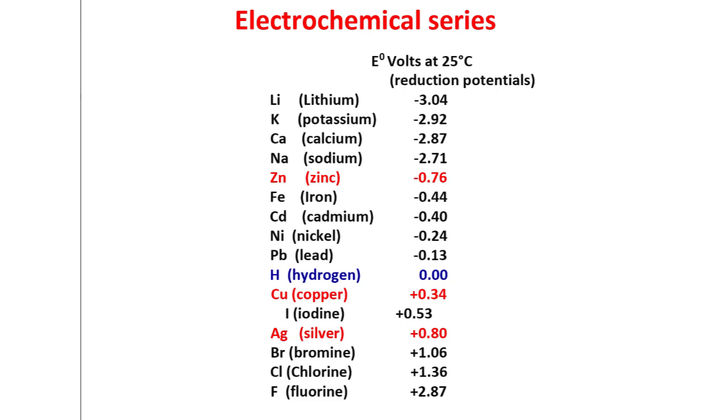Whereas if you consider silver, the reaction between silver and sulfuric acid, silver is placed below hydrogen in the electrochemical series. So silver cannot liberate hydrogen when treated with sulfuric acid. That means we can conclude that a metal placed above hydrogen in the electrochemical series can liberate hydrogen when that metal is treated with an acid, and a metal placed below hydrogen in the electrochemical series cannot displace hydrogen from an acid.